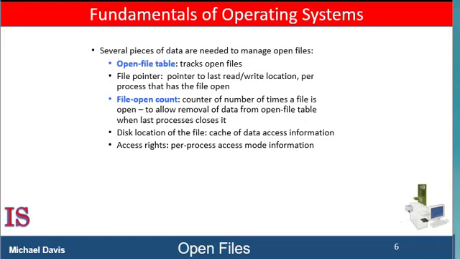When a file operation is requested, the file is specified via an index into this table, so no searching is required. When the file is no longer being actively used, it is closed by the process and the operating system removes its entry from the open file table, potentially releasing locks.